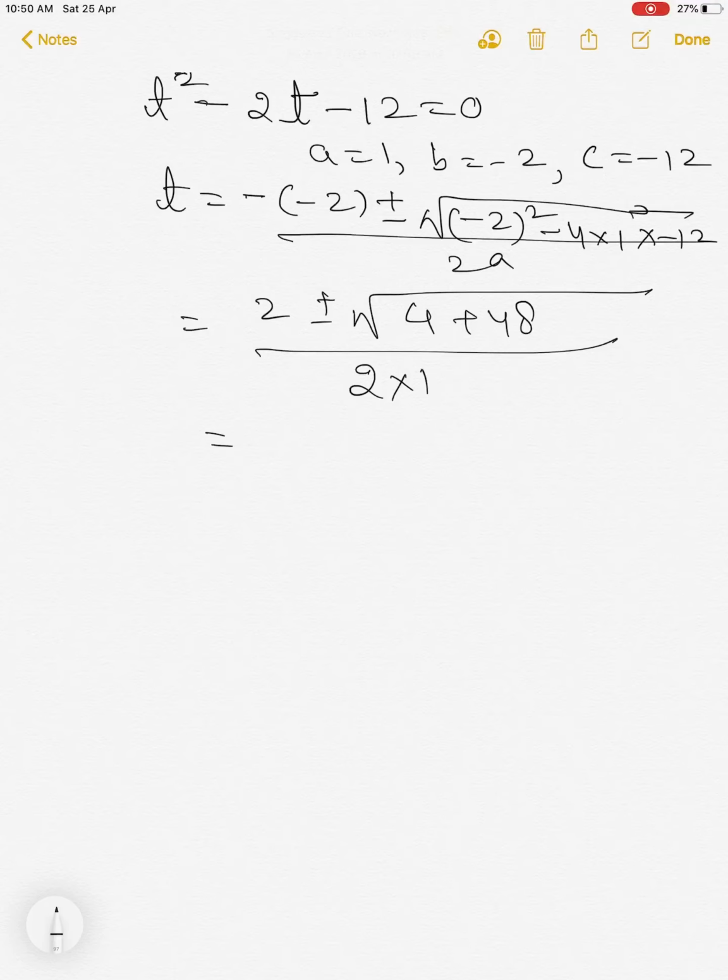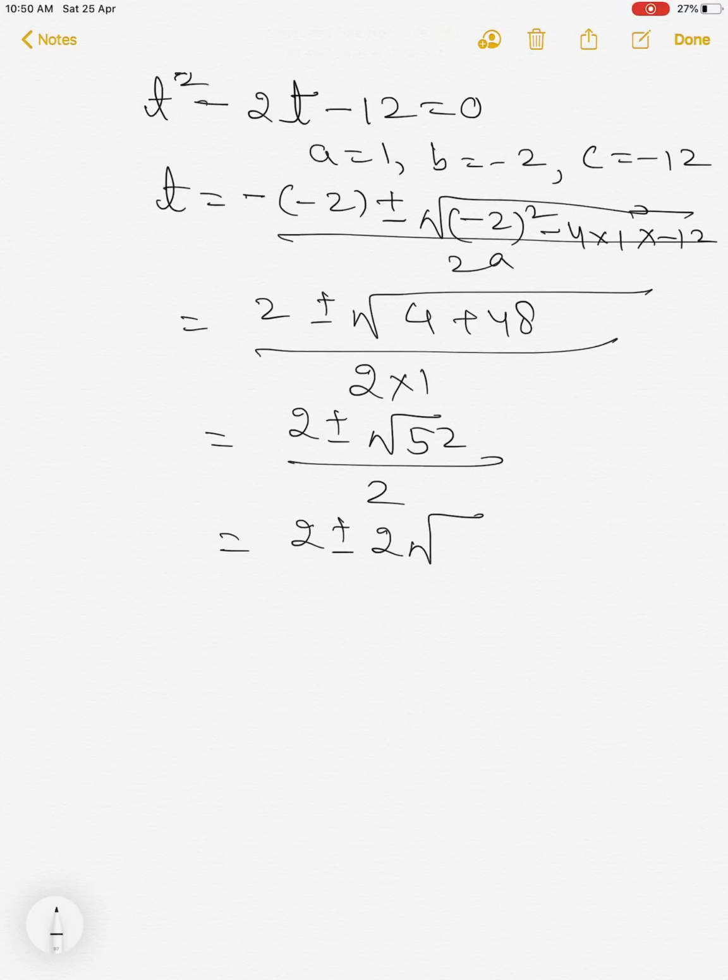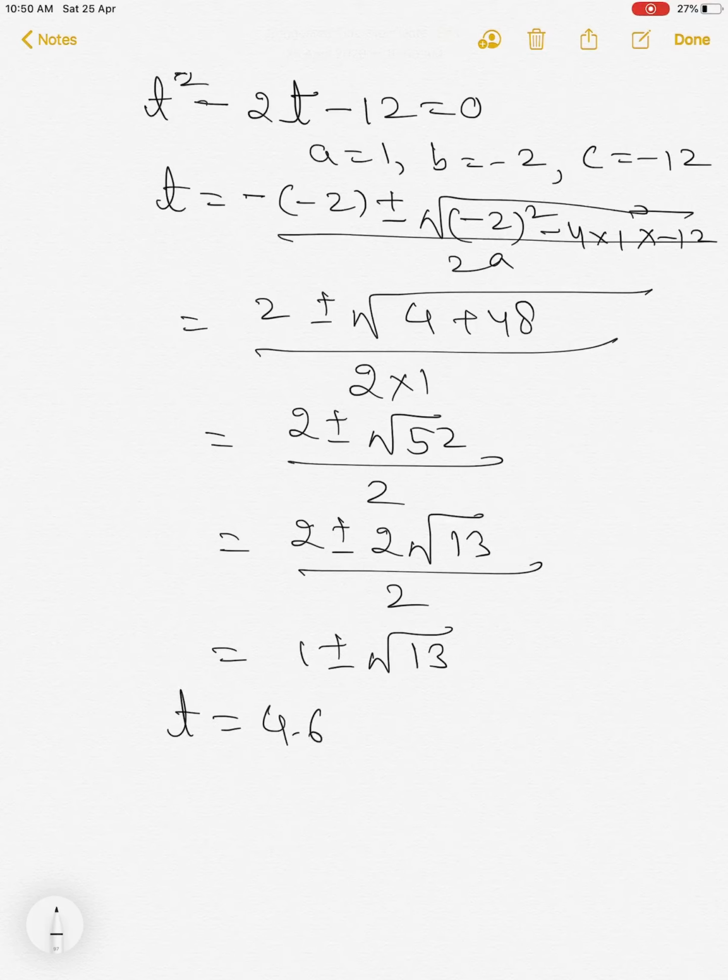It will be 2 plus minus root 52 by 2. So it will be 2 plus minus 2 root 13 by 2. It will come 1 plus minus root 13. So we will get two values, t is equal to 4.6 and minus 2.6.